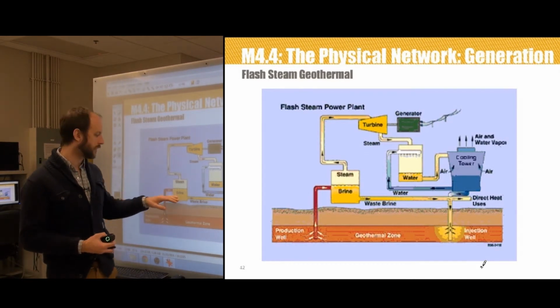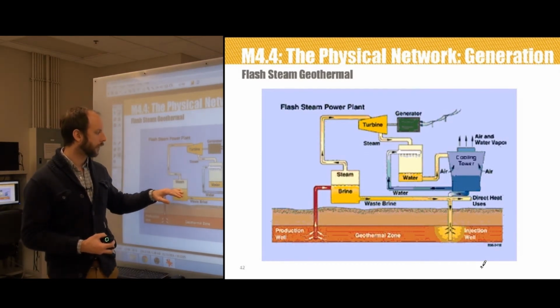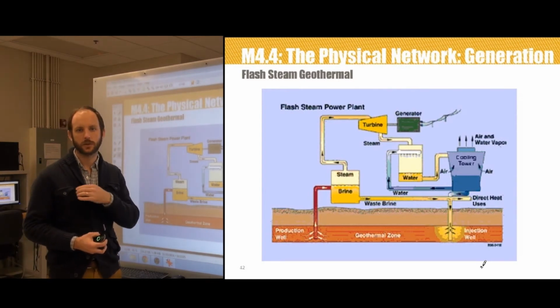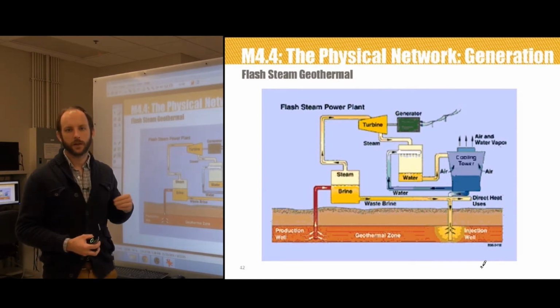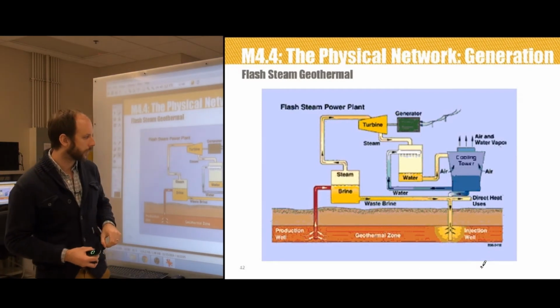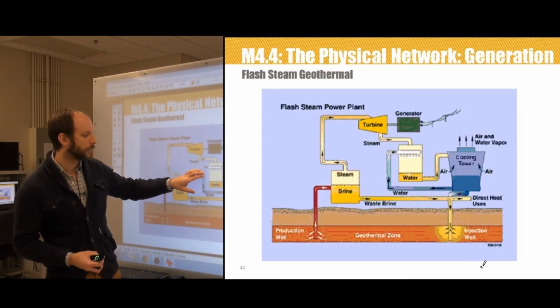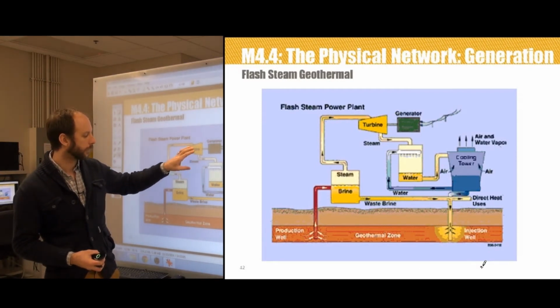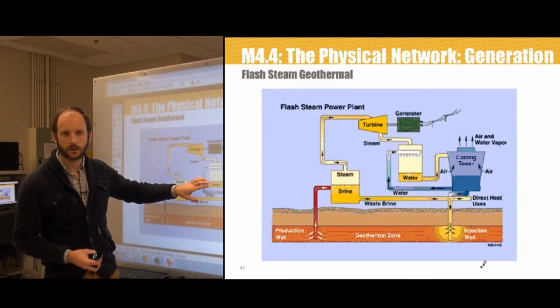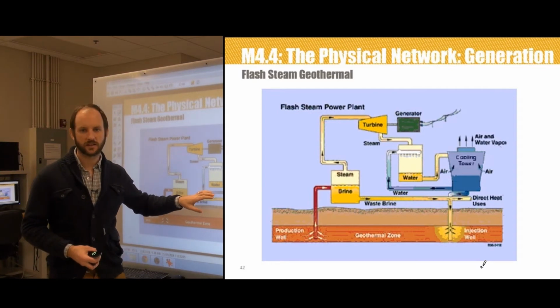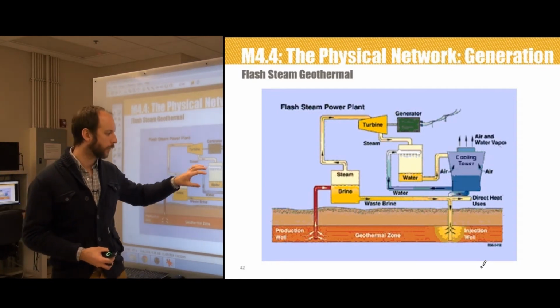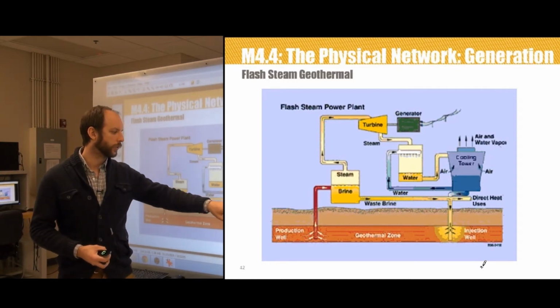The steam is then separated from the water here, and then it's directed into a turbine, which again is connected to a generator, and goes into our typical condenser unit that we see here. Any leftover water is condensed in the condenser unit, or if it's steam, it's cooled and condensed.